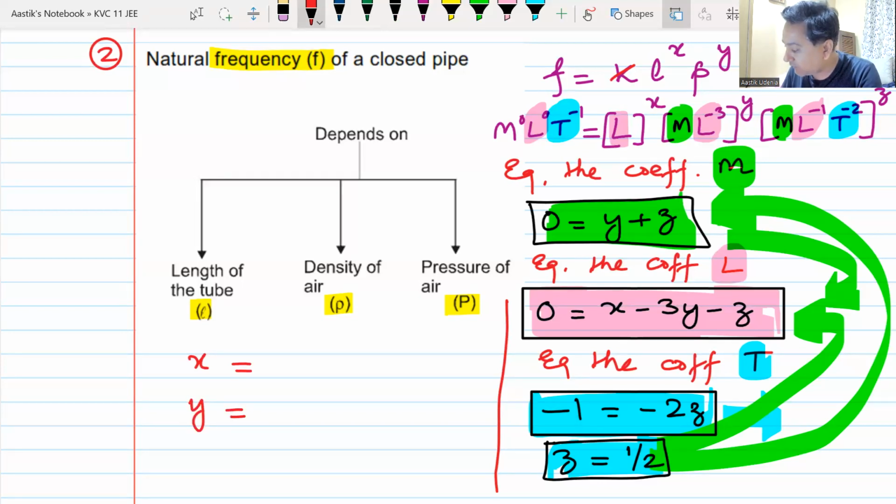I have got the value of y, which is -1/2. I already have the value of z, which is +1/2. What is the value of x that you are getting, my dear friends? X equal to 1, sir. 1? One is not correct. 3. 3? Oh my God. May God have mercy.